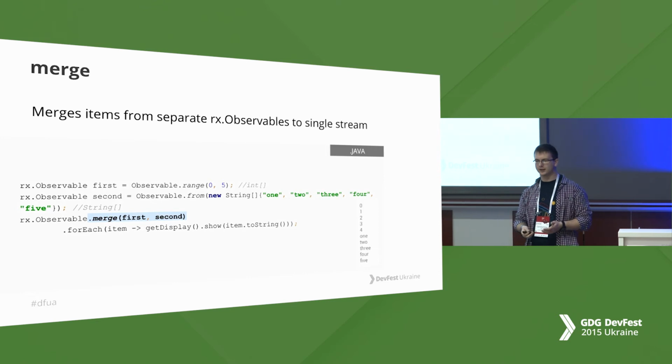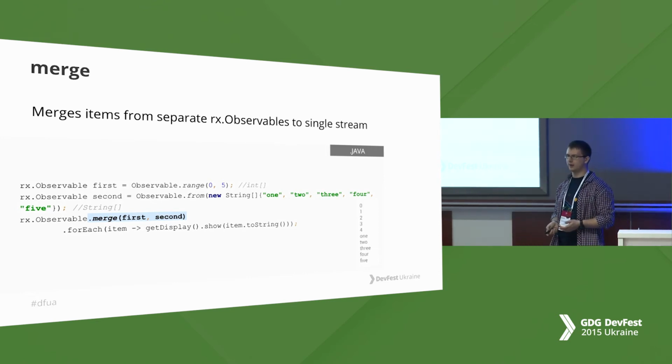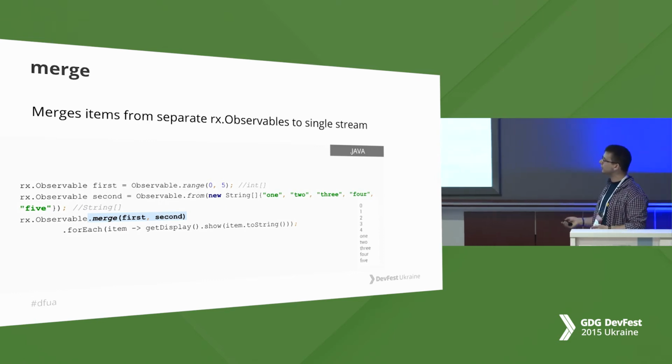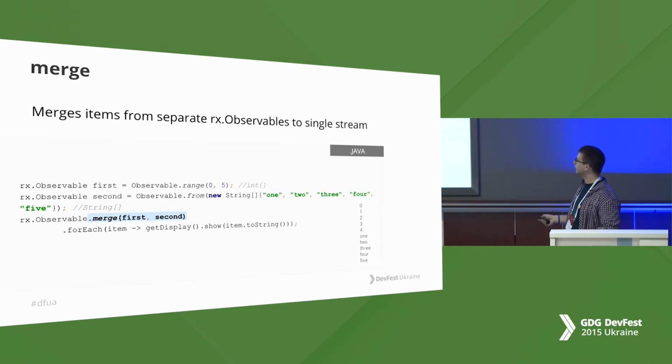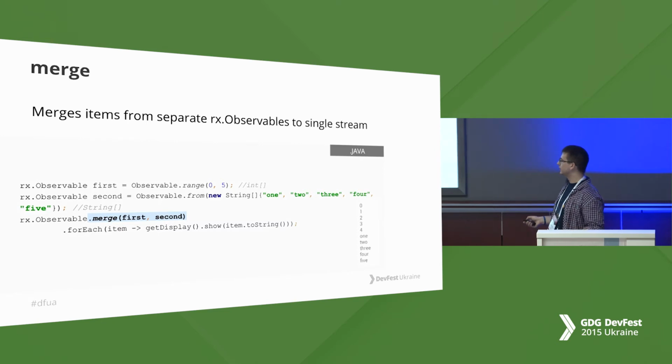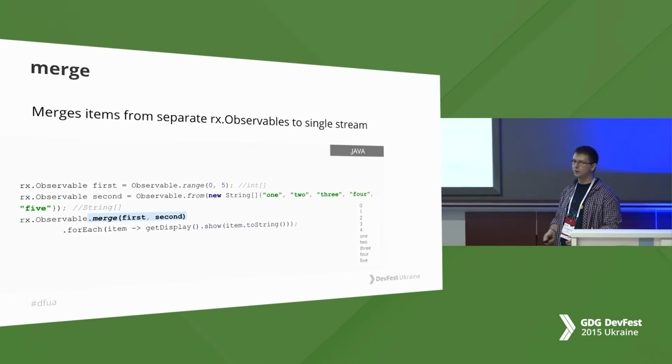Just look at this example and you will see how it works. It just joins without rules, just merges everything. It can merge even integers with strings, no type checking, just events from anywhere.